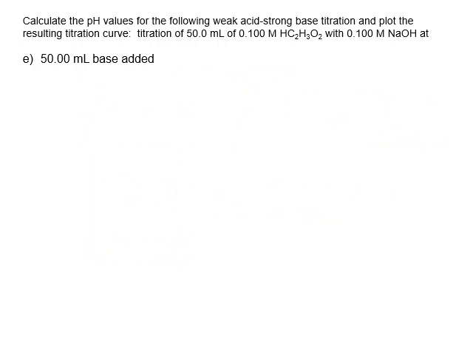Part E is at 50 milliliters of base added, and yay, we've reached our equivalence point. So this is the point where we've added the exact amount of sodium hydroxide to react with the acetic acid that we already had.